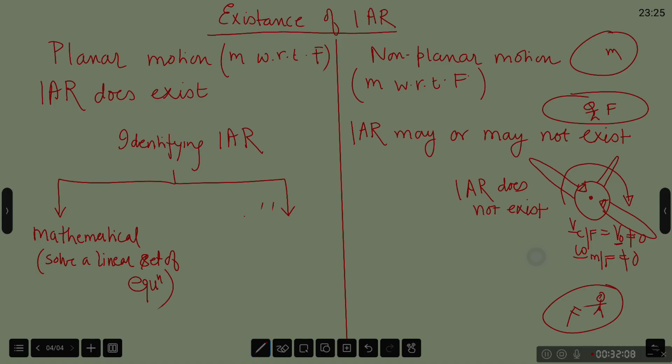The other is by visual inspection itself. You can find IAR in the case of planar motion. Here also, if it exists, the option of finding by the mathematical way is still there.